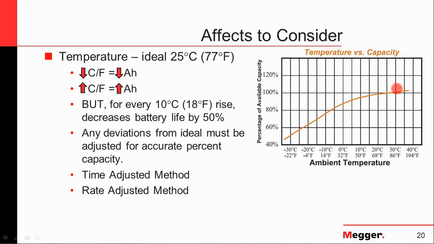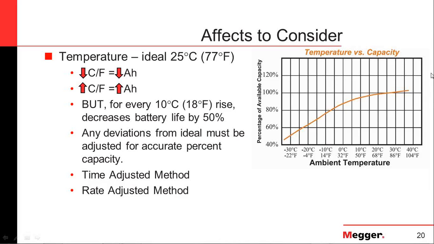Well, the problem there is that for every 10 degrees C rise, or 18 degrees Fahrenheit rise in temperature, it decreases the battery life by half. So 77 degrees or 25 degrees Celsius is the ideal point.